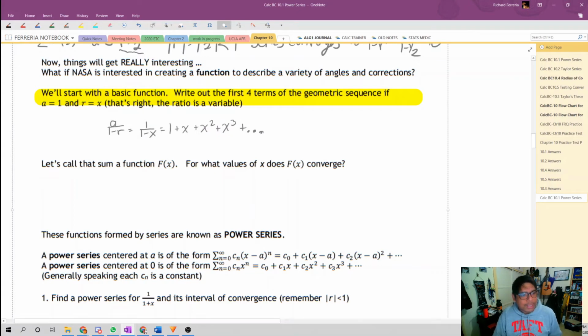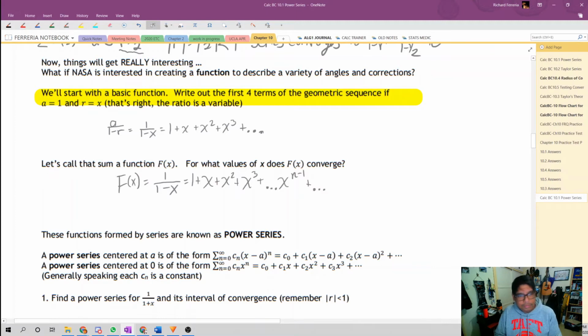Now, if we call the sum f of x, then what we're really saying is that f of x is equal to 1 over 1 minus x, which equals 1 plus x plus x squared plus x cubed, etc., etc. And then we get to x to the n minus 1 power plus even more things.